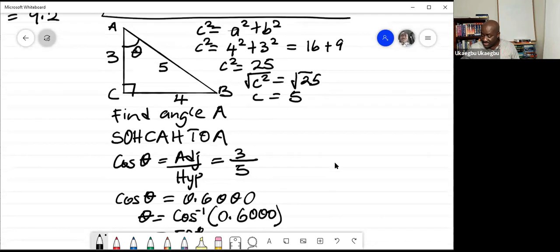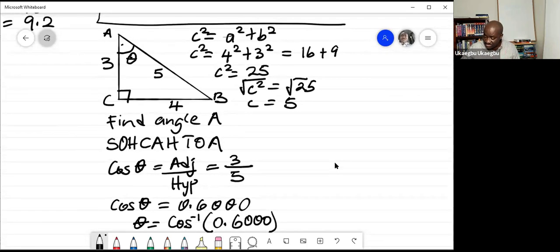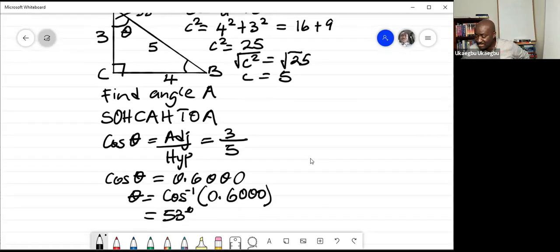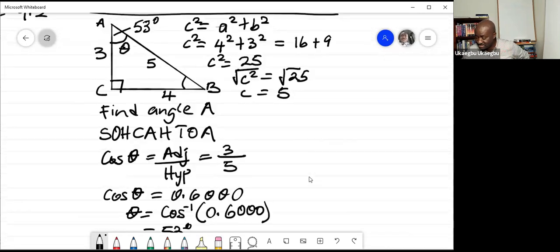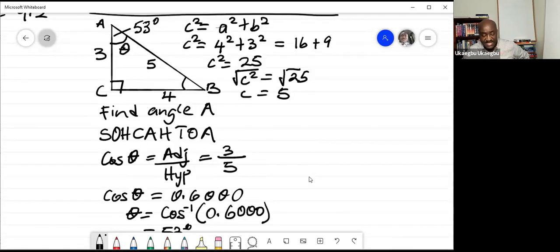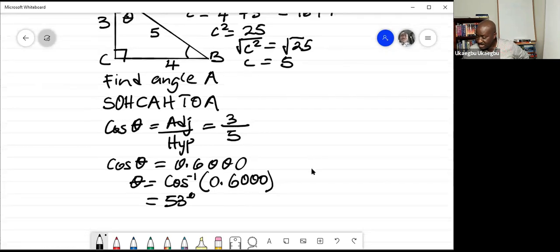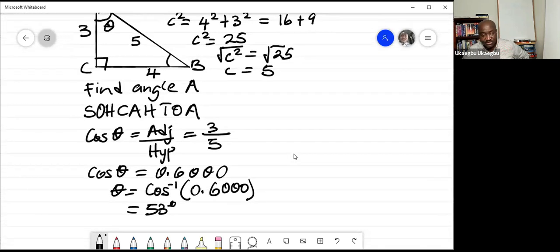So now if this angle is 53 degrees, how do we get the other angle, angle B, without using sine, cosine, or tangent? Is there any way we can get the third angle?